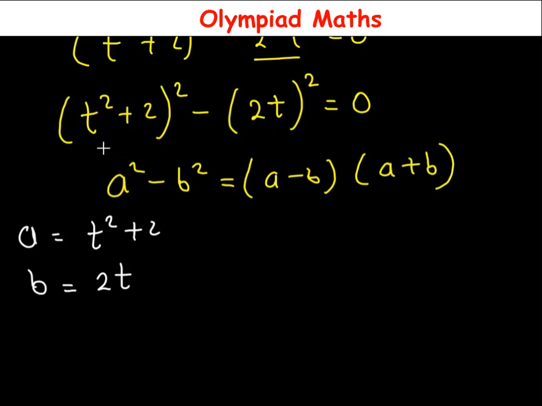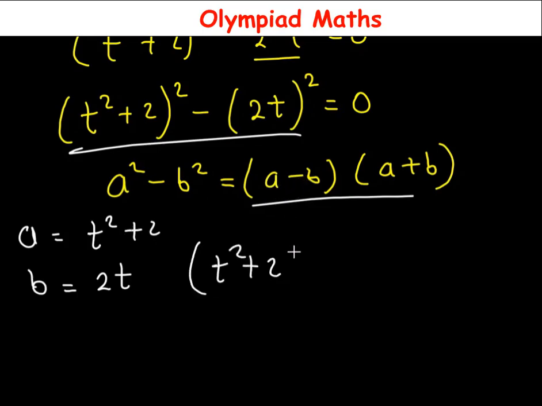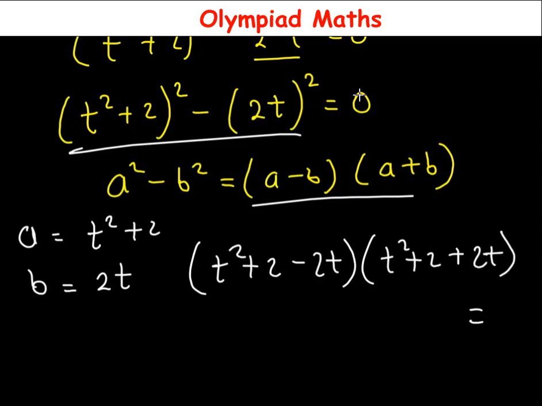So expanding this expression with this, what we have is, in bracket, a is t squared plus 2, then minus b is 2t, multiplied by a is t squared plus 2, then plus b is 2t, all is equal to 0.